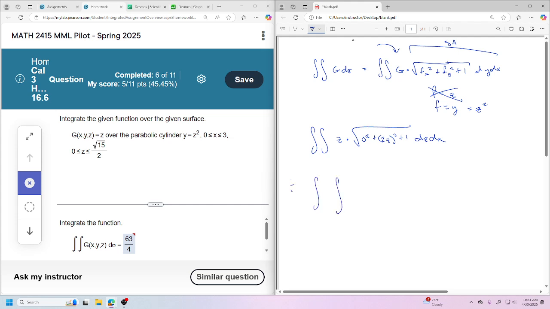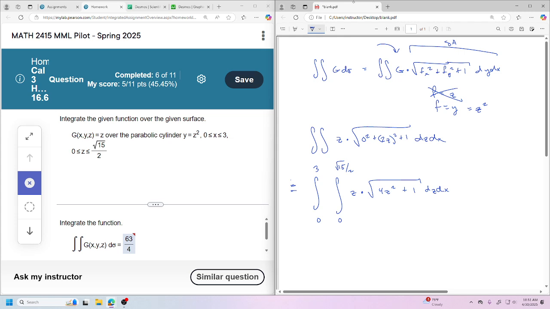But we're going to go to Desmos, and we're done with this problem, essentially. 0 to blah doesn't really matter. 0 to 3. And then we don't need the 0. 4z squared plus 1. Now, if we wanted to be good about this, couldn't we do a u sub?